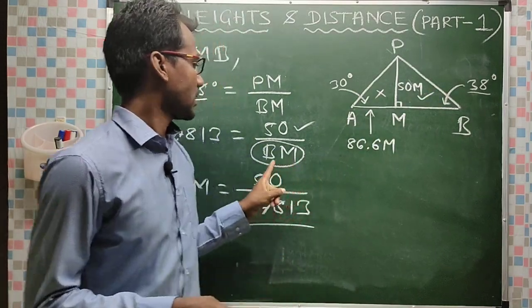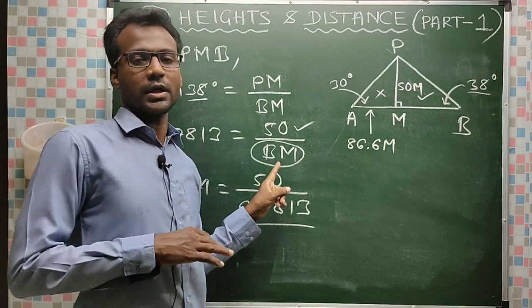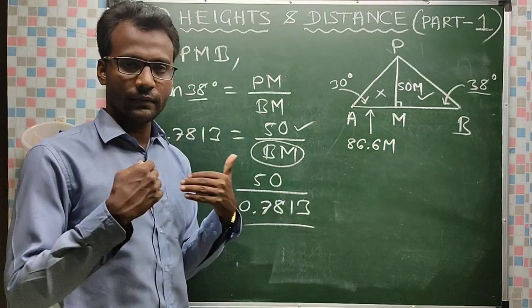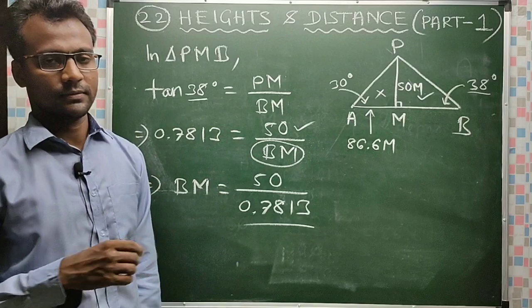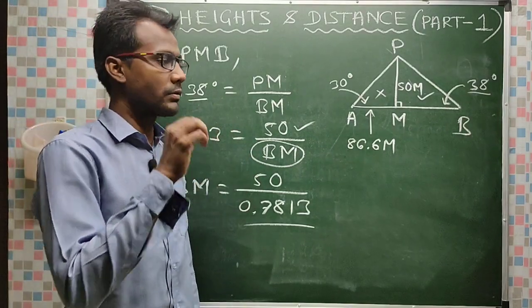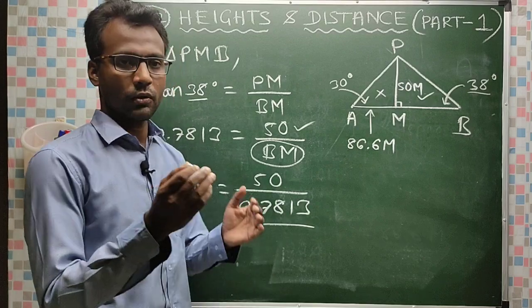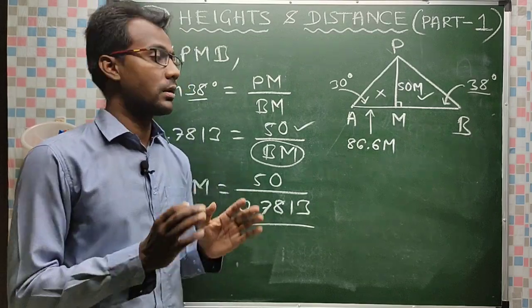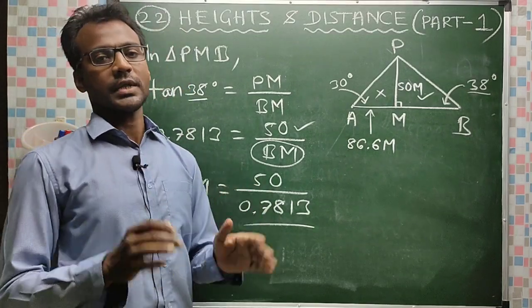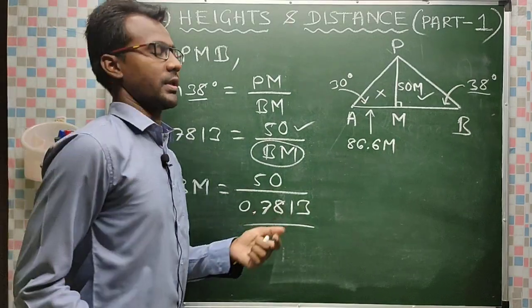But in this case the unknown side is in the denominator, for which we are facing a problem. So in such a case, do not use tan theta. Instead of that, use cot theta.